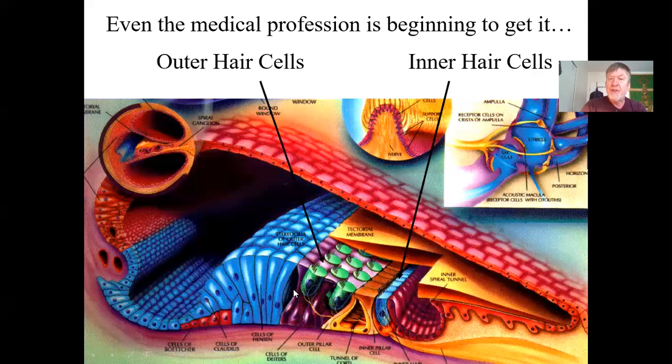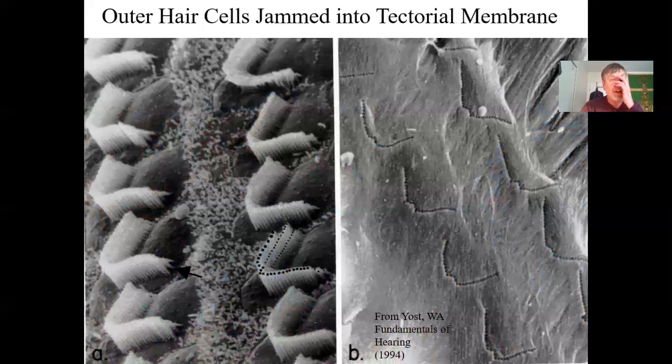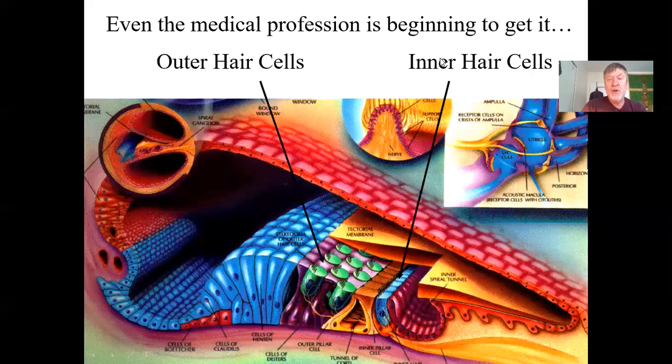Now the outer hair cells are efferent, the inner hair cells are afferent, and I even say even the medical profession is beginning to get it. Okay? This information is not old. This is only a couple decades old. Now the outer hair cells, if you look at this slide here, see the orange in the middle?